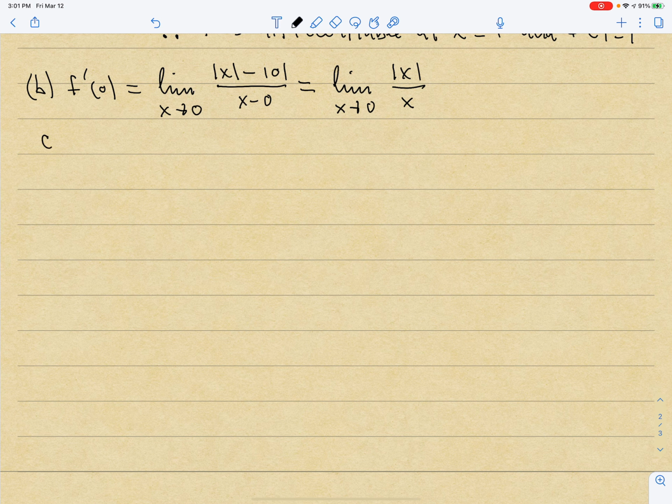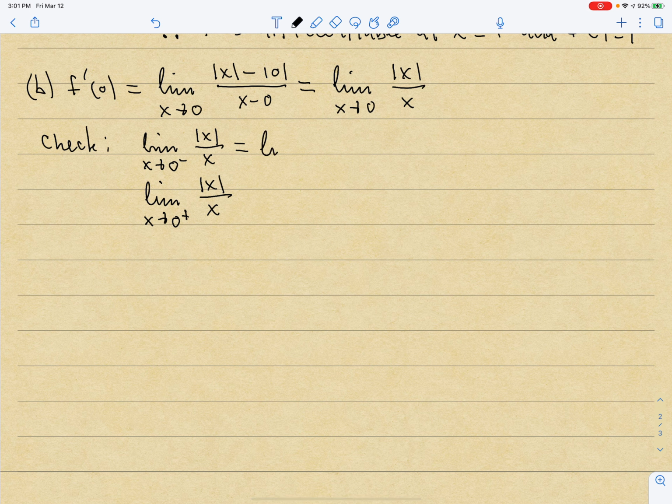So I'm going to check, first of all, limit as x goes to 0 minus of absolute value of x over x. And the limit as x goes to 0 plus of the same thing, absolute value of x over x.